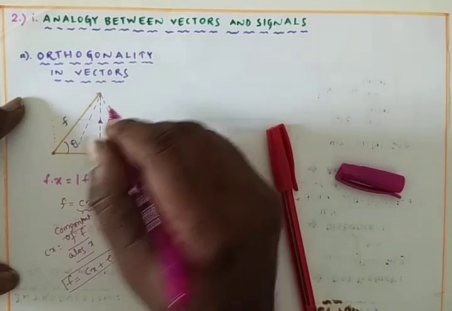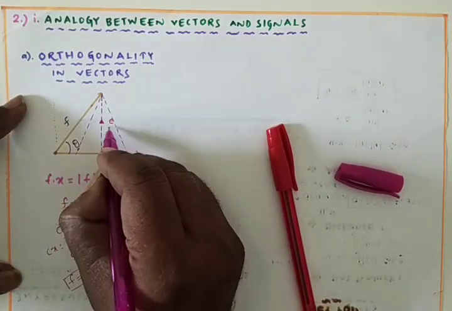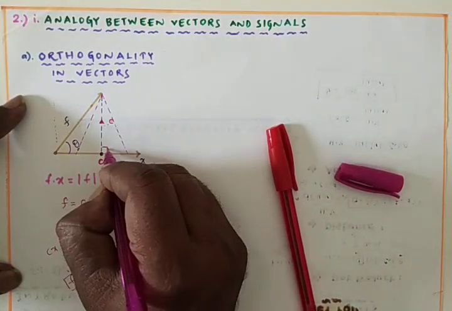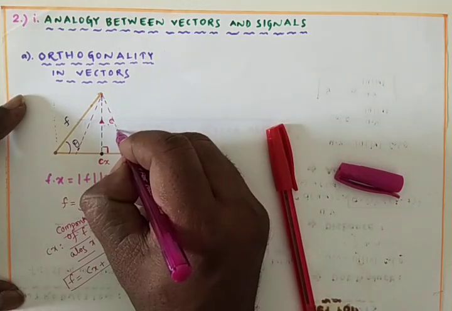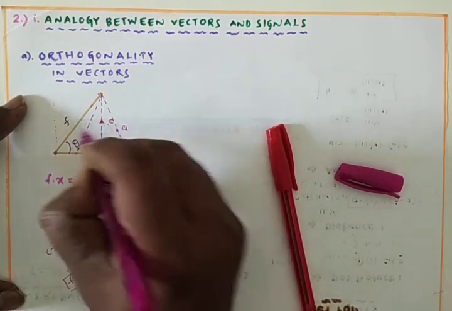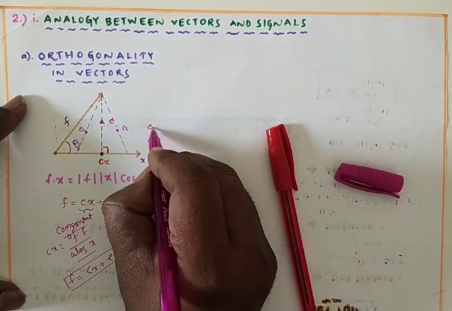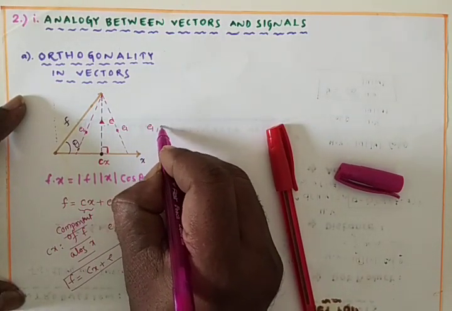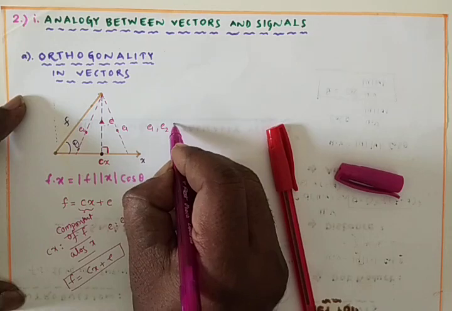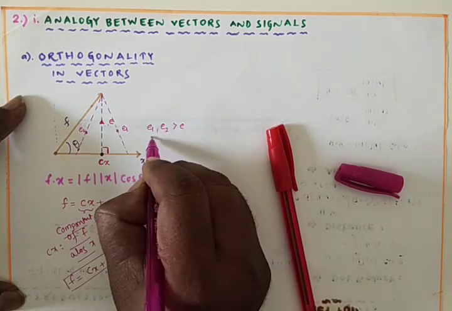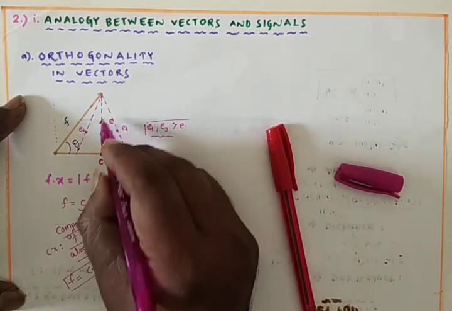Now see this one. This is the error vector of the first case when this is 90 degrees. Here this is error vector 1 and this is error vector 2. That means error vector 1 and error vector 2 are greater than E.